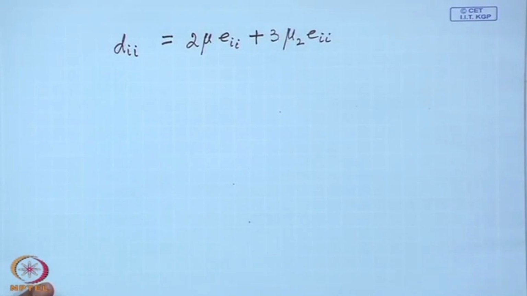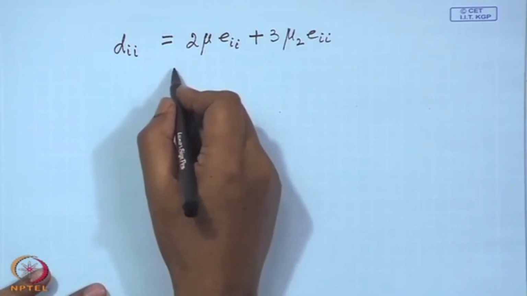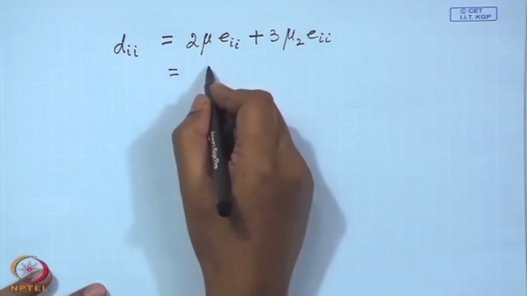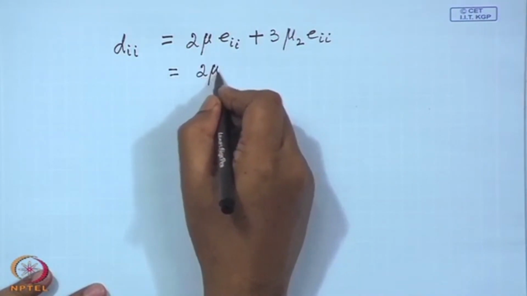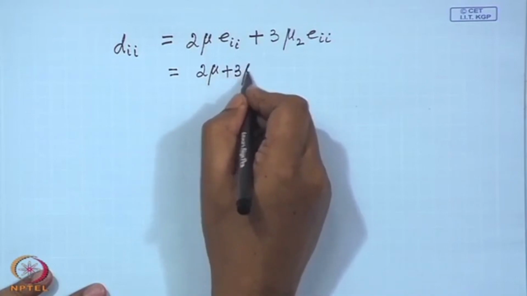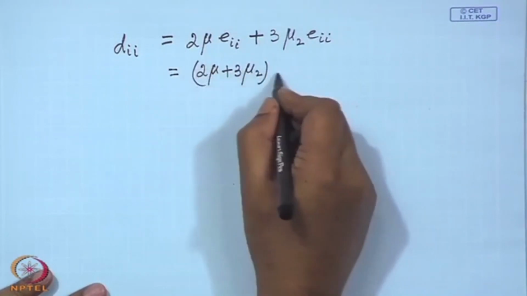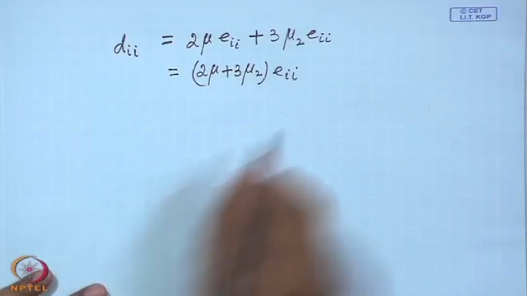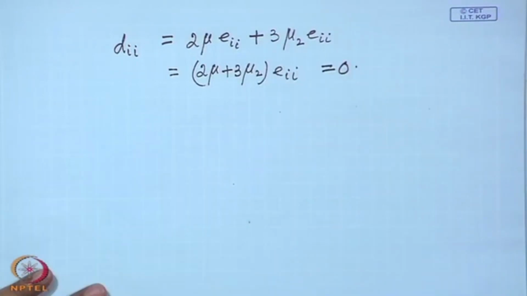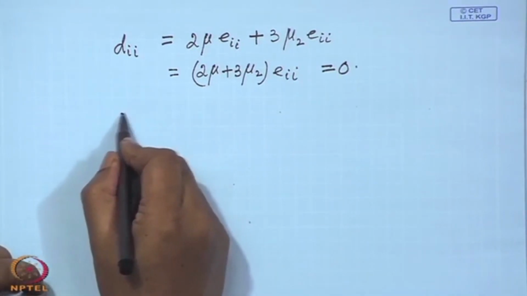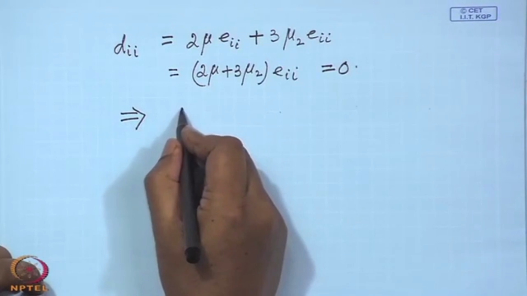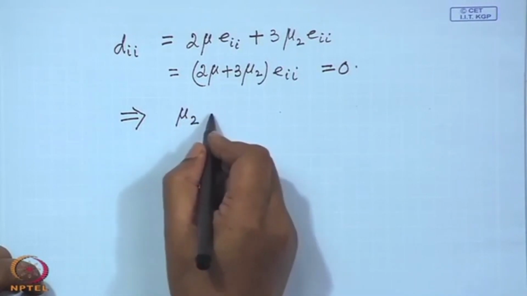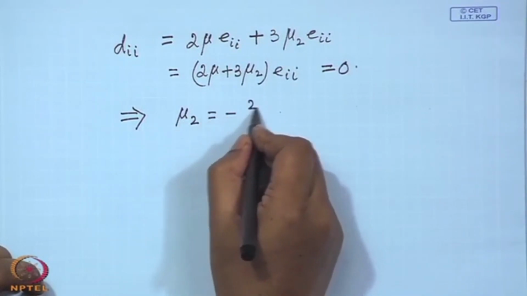Okay. And this is equal to 0, by the definition of our deviatoric stress tensor, and this gives us mu_2 equal to minus 2/3 mu.